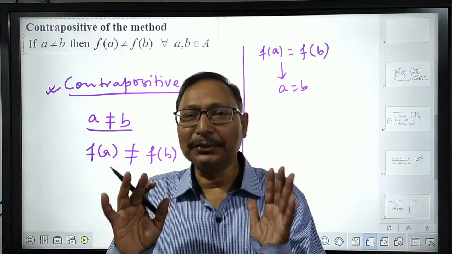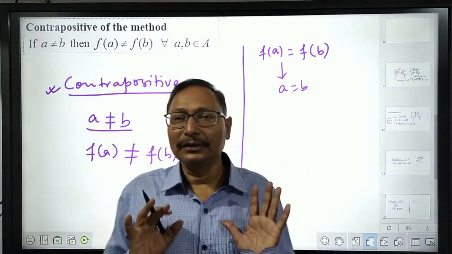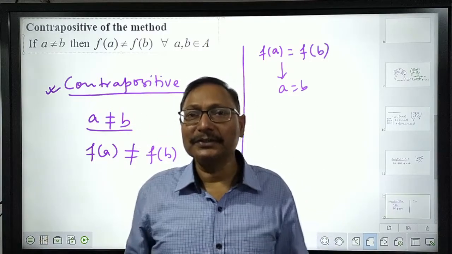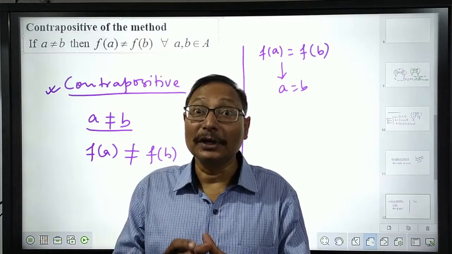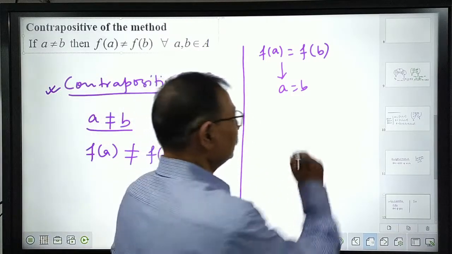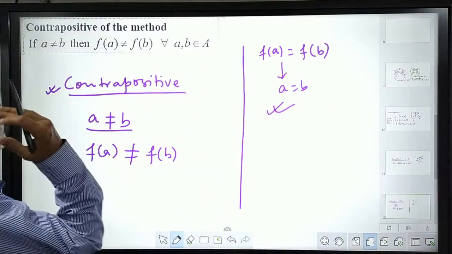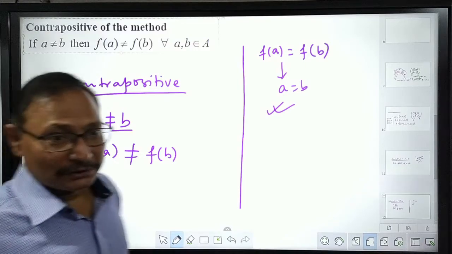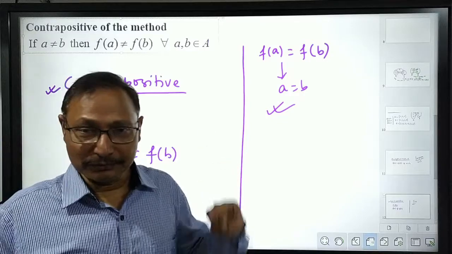That means different elements are having different images. Both these ways of explanation are coming to the same conclusion. So these two are many a times used, but usually we will use this way of handling the test of injectivity of any function. Sometimes we will use this way also.